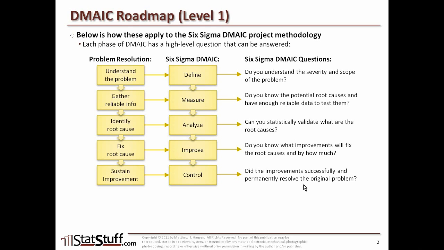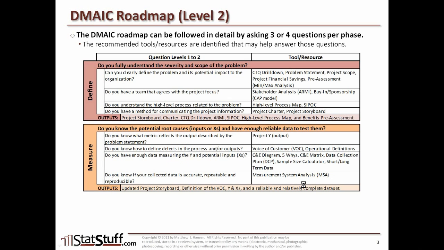So we dug last time into taking those questions to another layer, a second layer, going a little deeper like this, where for each phase, again, we've got the define phase where we have the top level question that we're asking ourselves. And again, we said if you cannot answer yes to that question, then you ask yourself the second layer of questions that are in here. And here's a guide for the different tools or resources that can help you in answering those questions, and that can ultimately help you in answering this top level question.